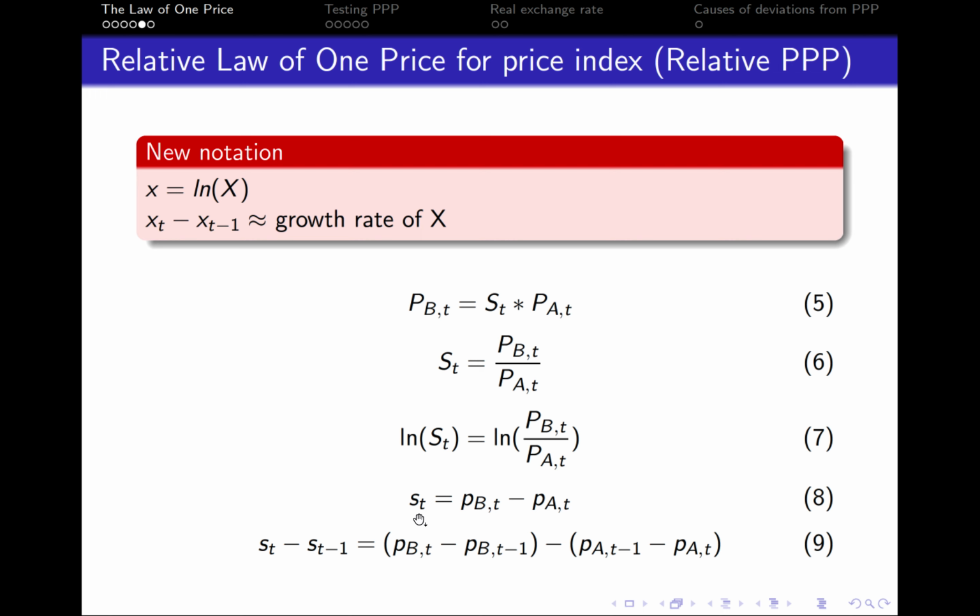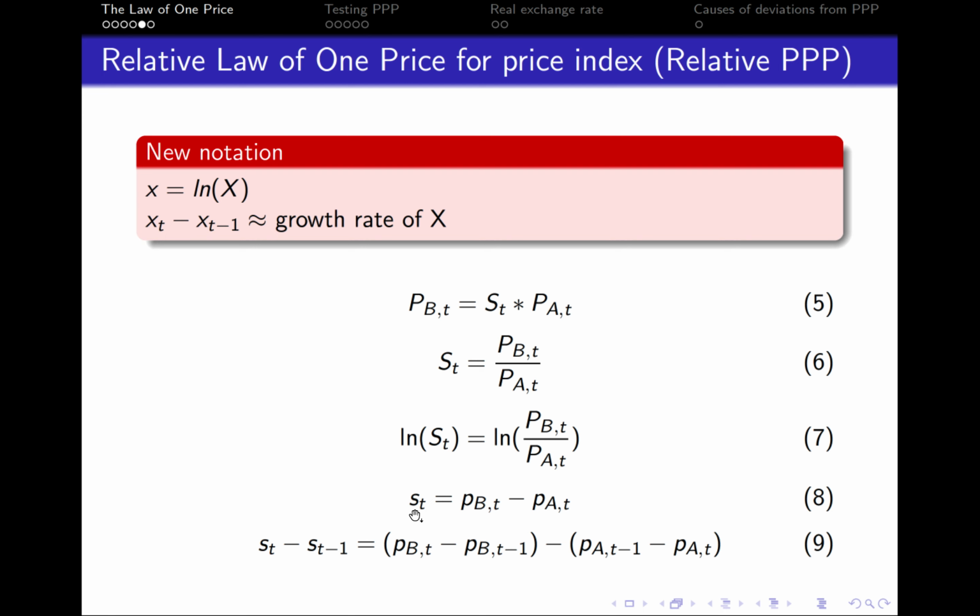And look, here I will get the logarithm of the exchange rate, and here, using the rule that the logarithm of a quotient is equal to the difference of the logarithms, I'm obtaining that the logarithm of the exchange rate is equal to the difference between price levels in two countries.